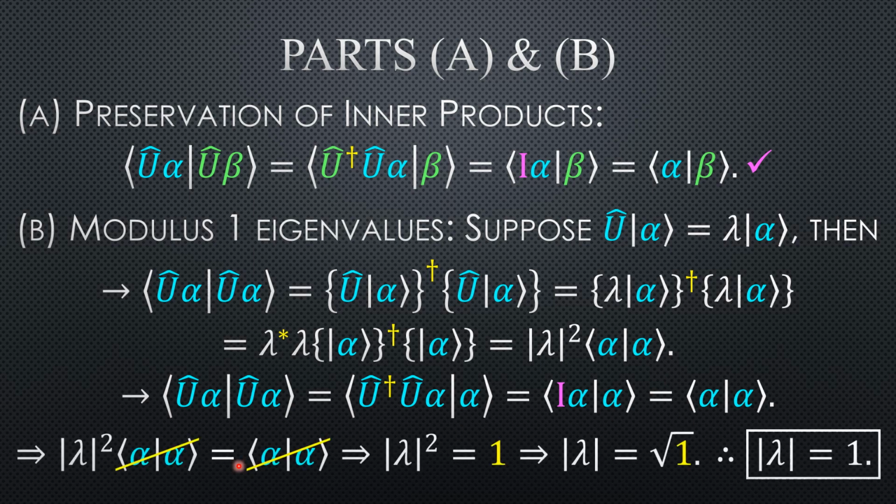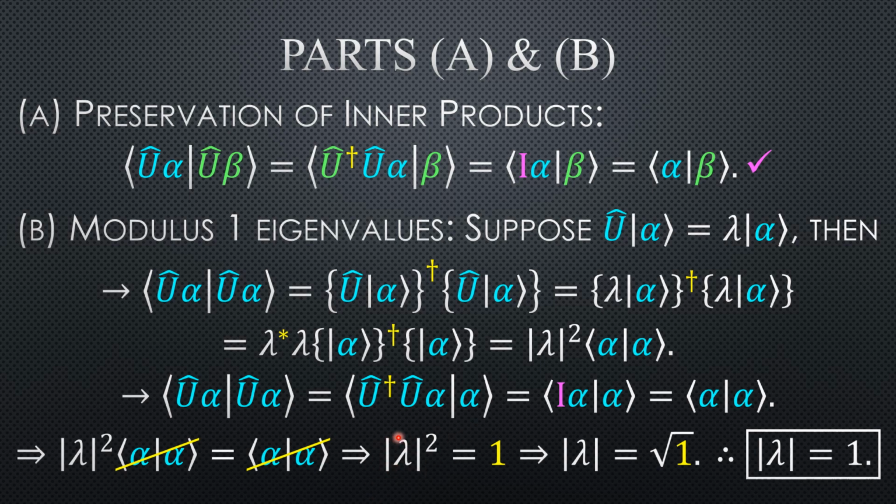And when we do so and cancel, we see lambda squared equals 1 after the cancellation, assuming that the inner product does not equal 0, which we need to assume because we're going to normalize. And if this doesn't normalize, then we're not a good quantum state, so that assumption is good to go in the context of quantum mechanics. So we don't need to worry about dividing by 0.